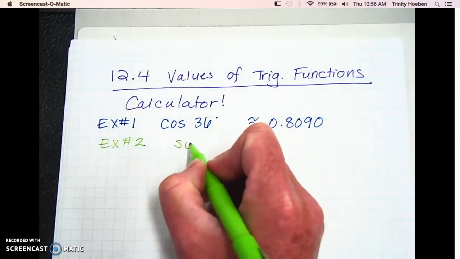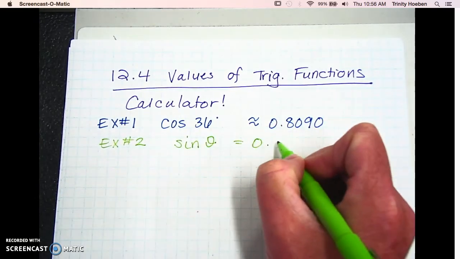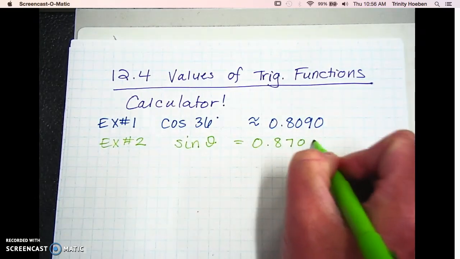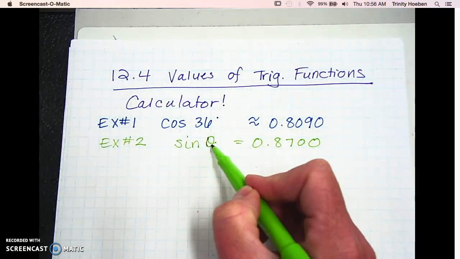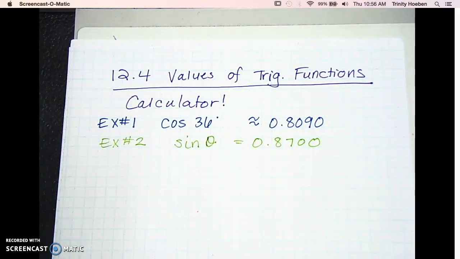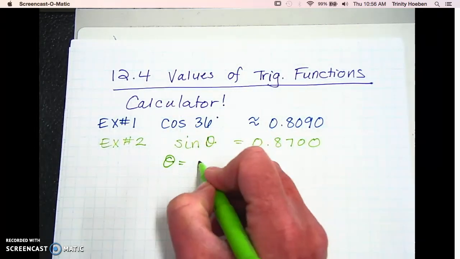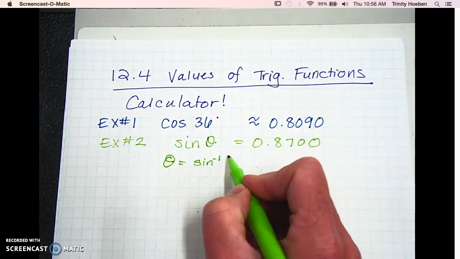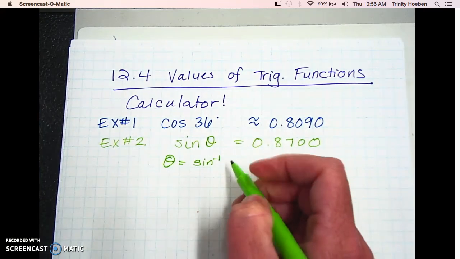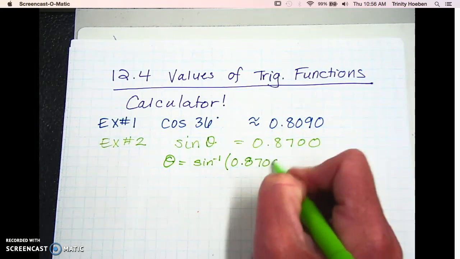If you see sine of theta equal to 0.8700, that means they want you to solve for that angle. For that, you're going to use inverse trig. So theta is equal to the inverse sine of that decimal, or it could be a fraction, written as a ratio, 0.8700.